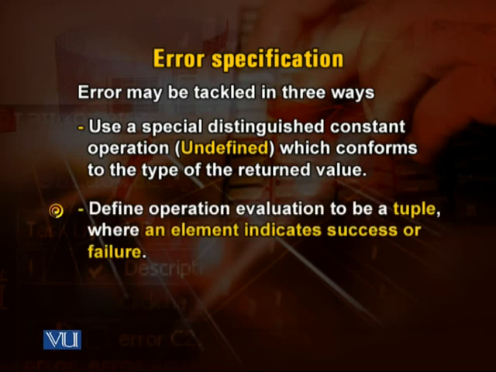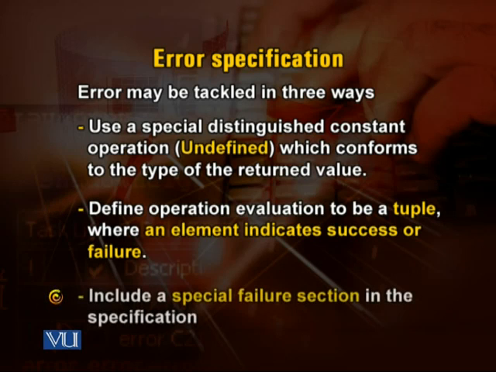We can define the operation evaluation to be a tuple where an element indicates the success or failure. So we can return more than one thing, and then we can return true or false, which would tell us whether the operation was successful or unsuccessful.